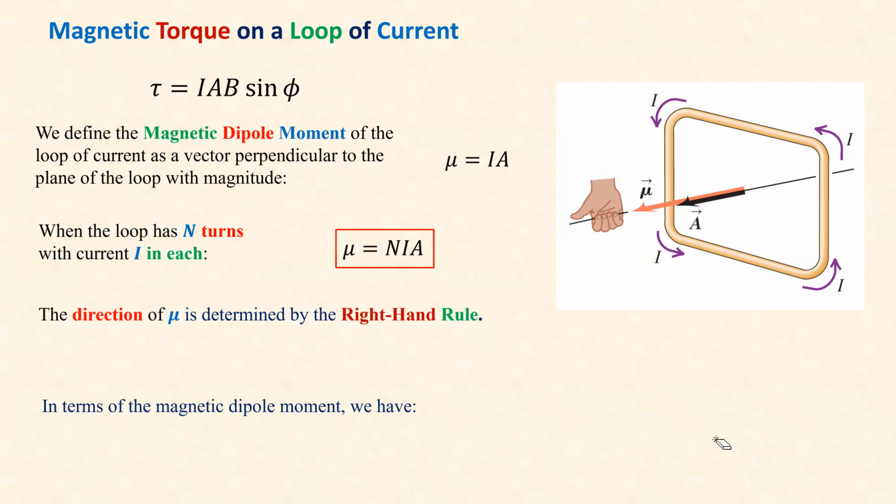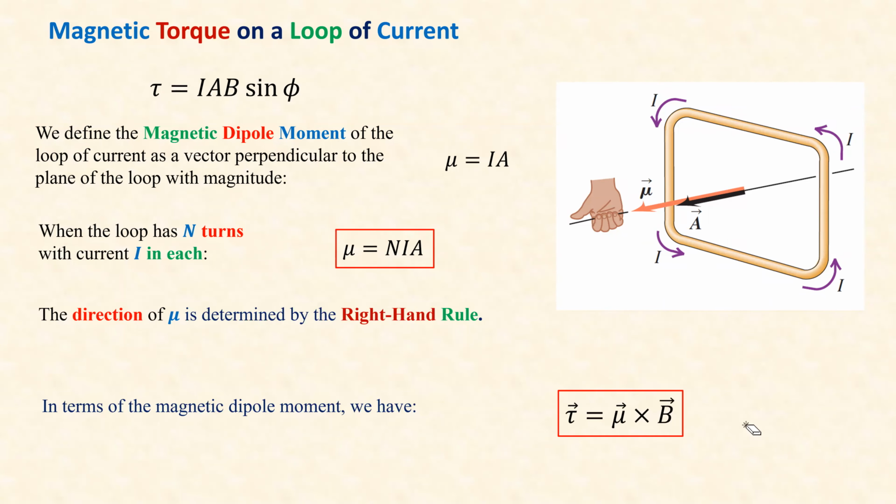In terms of the magnetic dipole moment, we can now write the torque. You see here, IA, or NIA if there are N turns, will be the magnitude of mu. And then we have the magnitude of B, and then we have the sine of the angle between them. Does it ring a bell?